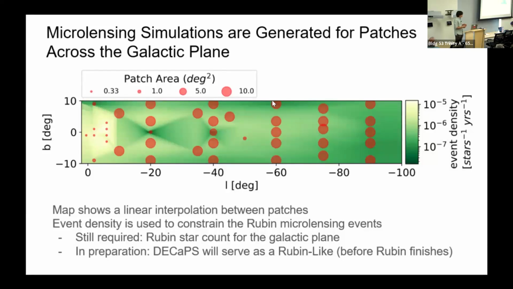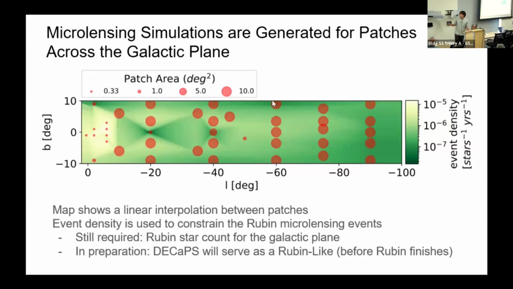The size of the patch basically tells you how dense the stars are in that area. Because of compute time, we obviously can't just generate as many stars as we want. So we have smaller and smaller patches as we get closer and closer to the bulge.